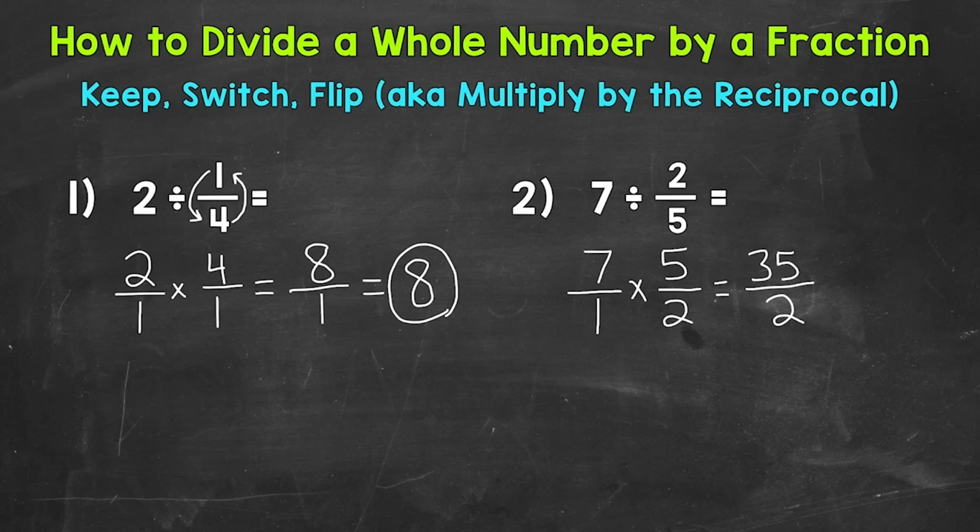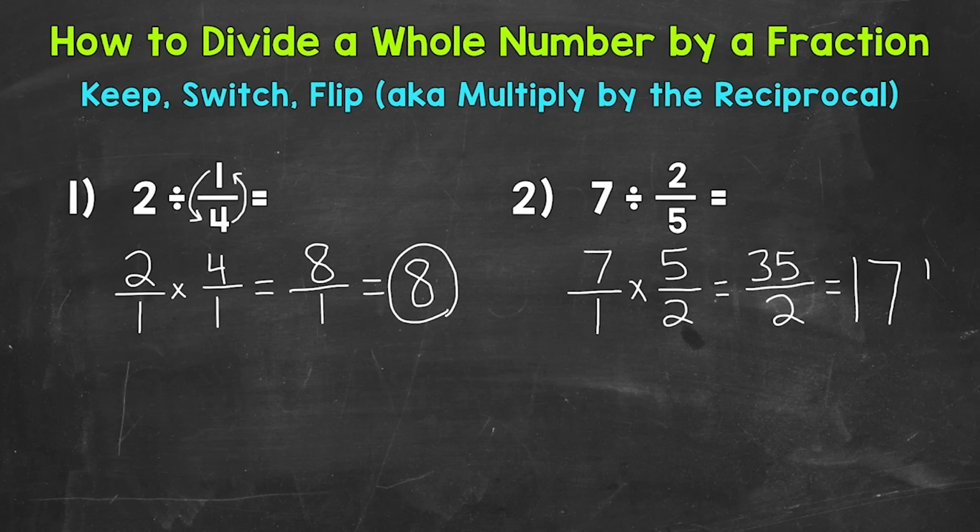Now we don't want to leave it improper. We want to convert this to a mixed number. So we do 35 divided by 2. How many whole groups of 2 are in 35? Well, 17. So that's our whole number of our mixed number. Now we didn't hit 35 exactly. We had a remainder of 1.